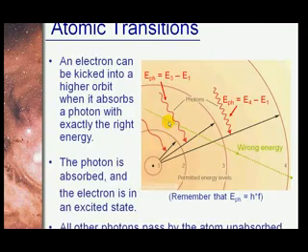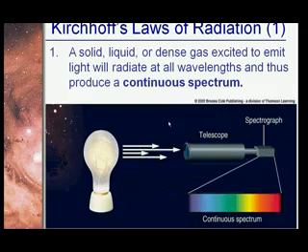So let's see Kirchhoff's laws of radiation. It says that a solid, liquid or dense gas excited to emit light will radiate at all wavelengths and thus produce a continuous spectrum. So here we have a source of light.